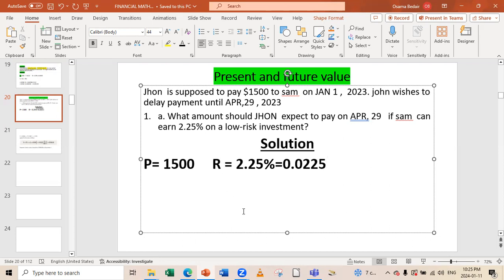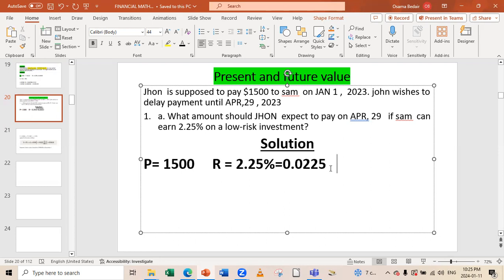This is how it looks, because we move the decimal point two digits to the left. So we put 0, then the decimal point, then 0225. This figure is the same as this figure. If you cannot do it, just do it by the calculator, 2.25%.